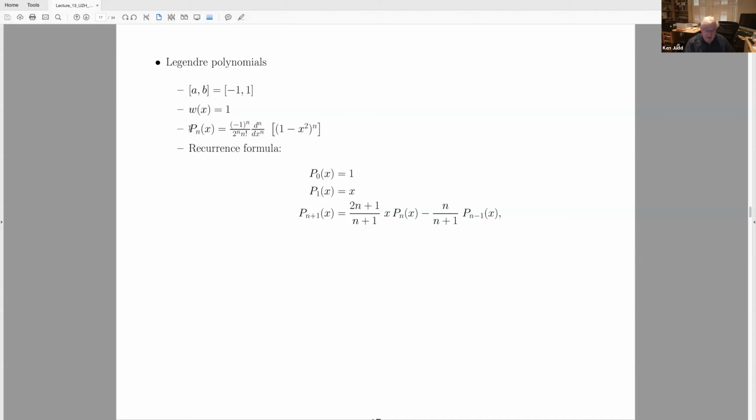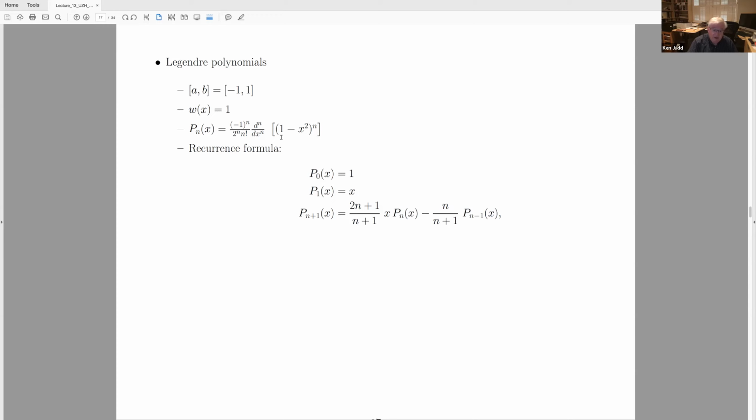And then in that case, one can prove that the Legendre polynomial is defined in this fashion. Now notice that it's kind of ugly, but it is a polynomial. You have to take this quadratic polynomial, raise it to the nth power, and then take its nth derivative. And anyway, that's how you get the degree n Legendre polynomial.